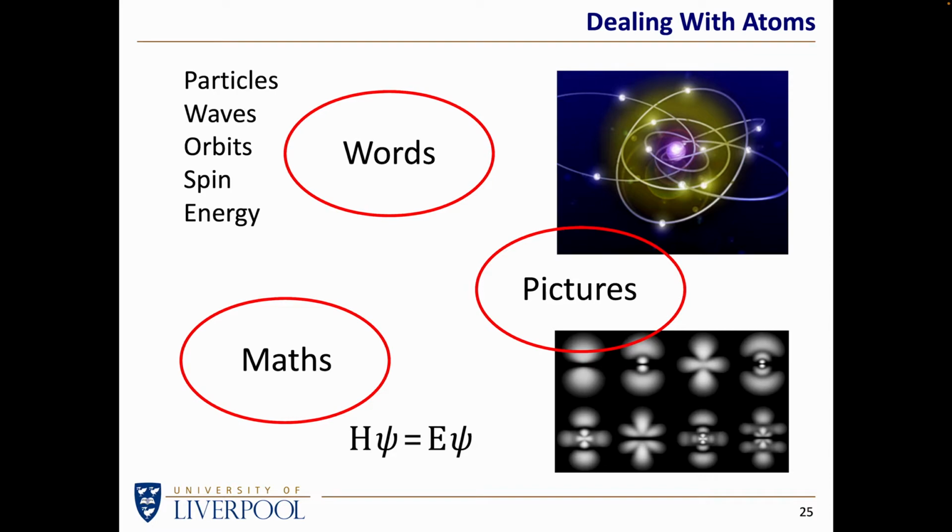So what Schrödinger and Heisenberg did effectively was write out the mathematical construct, the set of equations that are required to allow us to calculate anything we want to calculate.